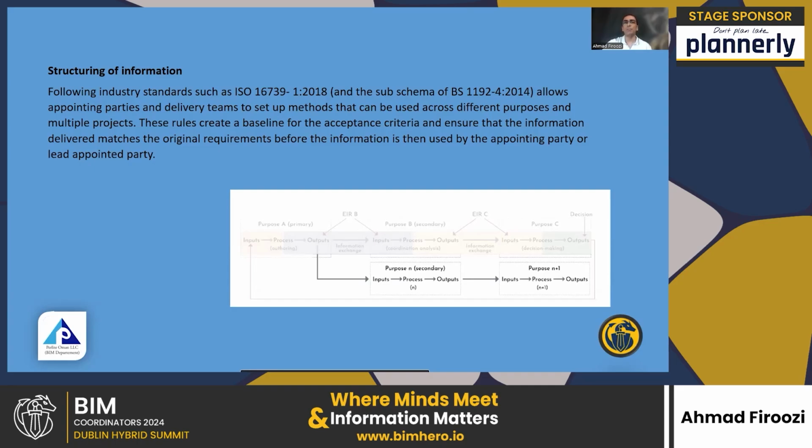These rules create a baseline for acceptance criteria and ensure that information delivered matches the original requirements before the information is then used by the appointing party or lead appointed party.